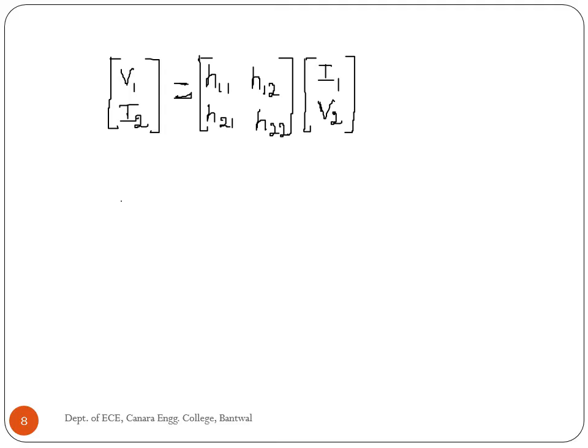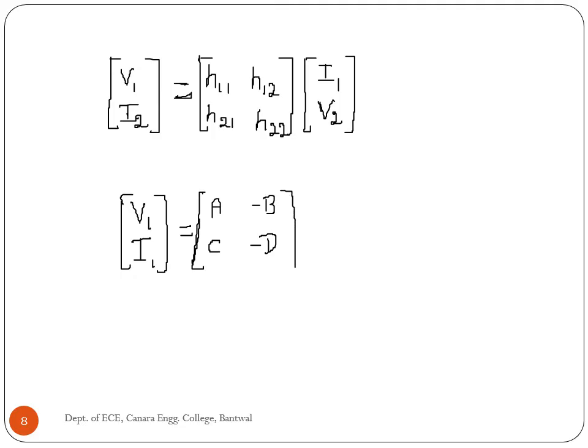Now ABCD parameters are represented by V1, I1 is equal to A, minus B, C, minus D into V2, I2.